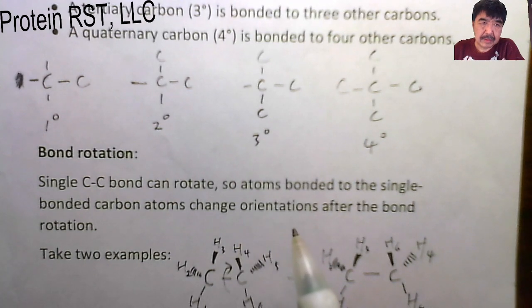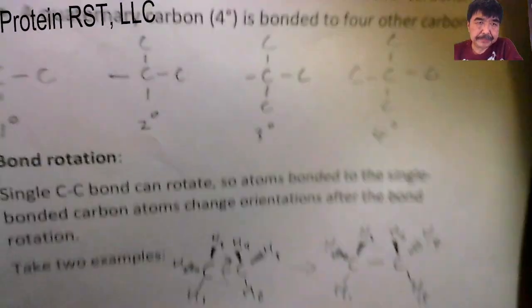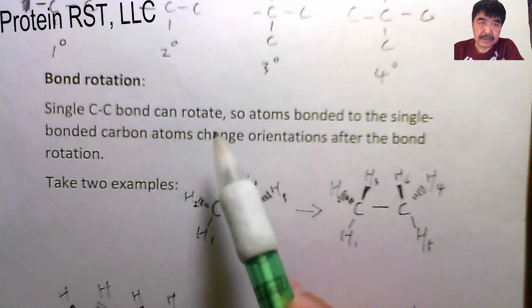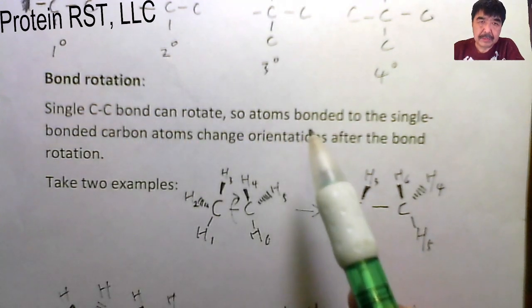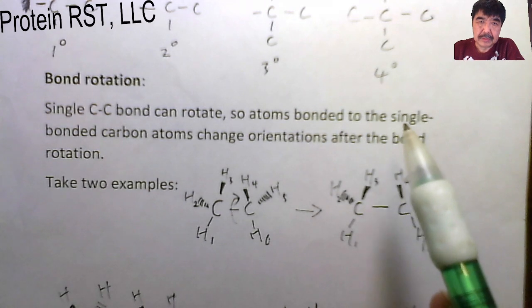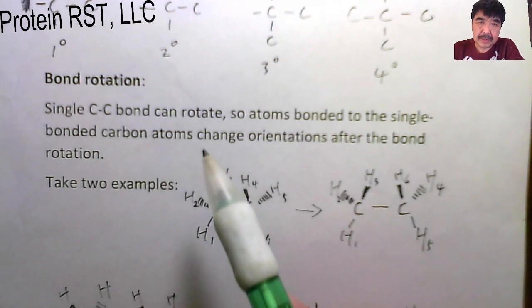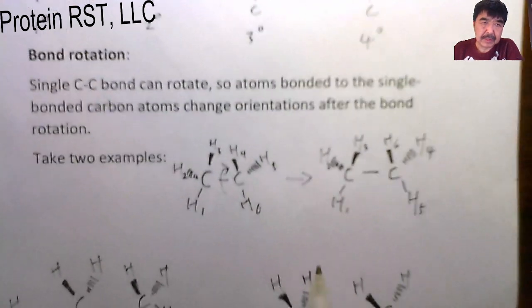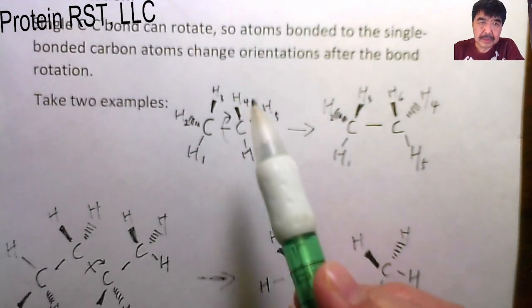Next, let's take a look at bond rotation. A single carbon-carbon bond can rotate, so atoms bonded to the single bonded carbon atoms change orientation after the bond rotation. Take 2 examples here.